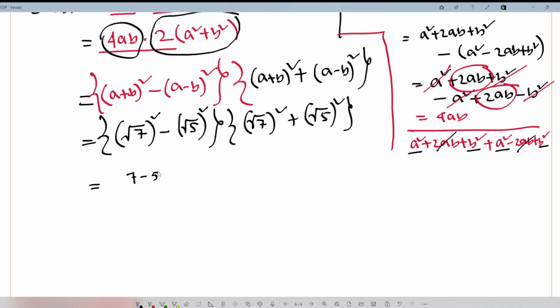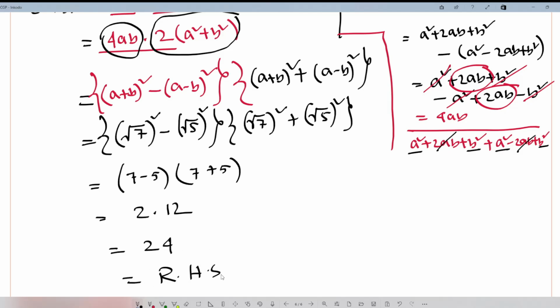So 7 minus 5. Again here is 7 plus 5. 7 minus 5 means 2, 7 plus 5 means 12, and finally we get 24. And look, this is the right hand side. So left hand side equals right hand side. So it is proved.